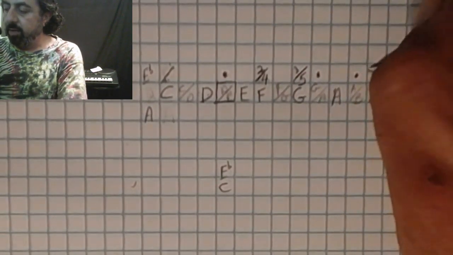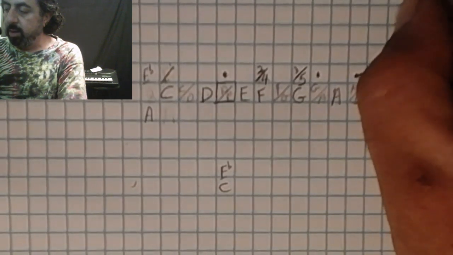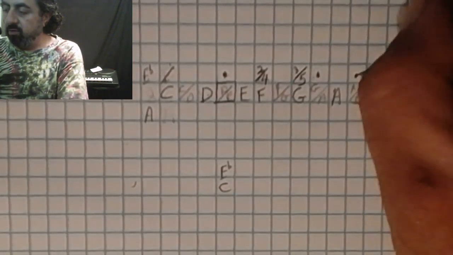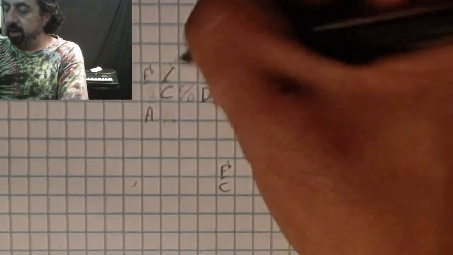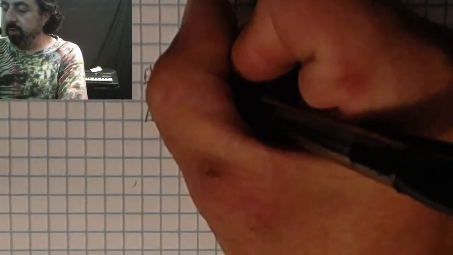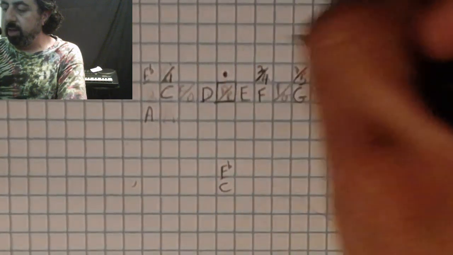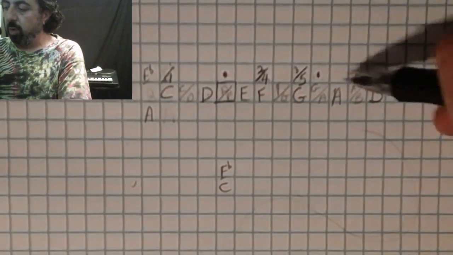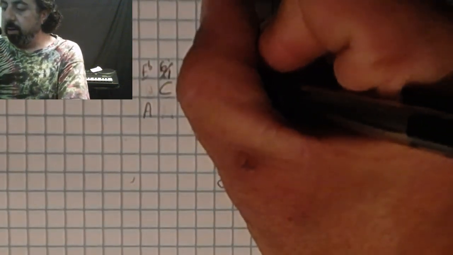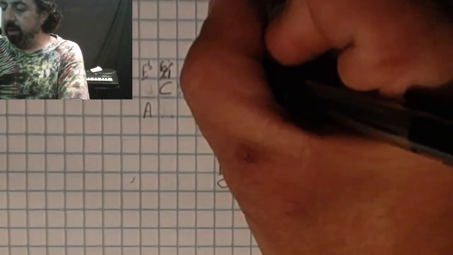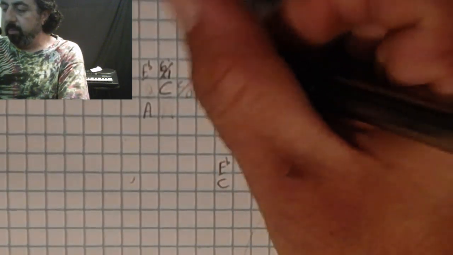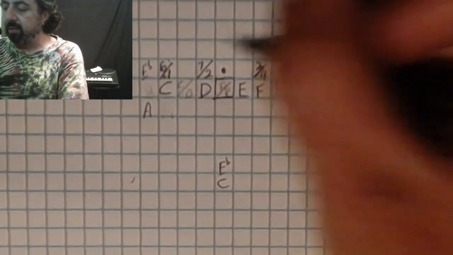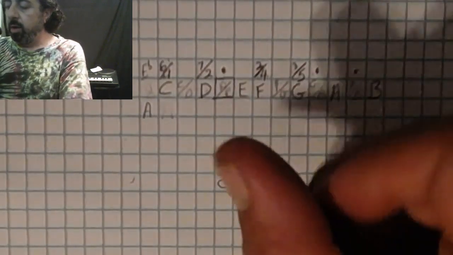Then we've got 1, 2, 3, that's on the C, so that's going to be the 1 of our C major scale. Okay, wait a minute, so we got the 1, 2, 3, 4, 5, this is the 6, 6 over 1, and then the 7 is on a chord tone, so it's 7 over 2. It's the 7 of our E flat scale and the 2 of our C scale.